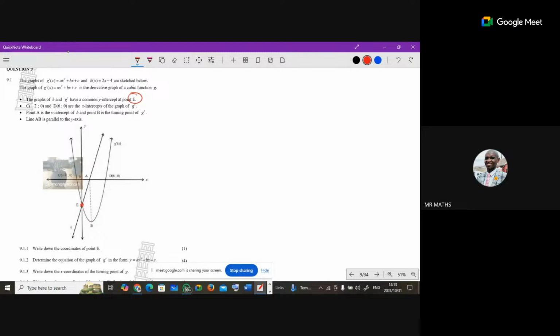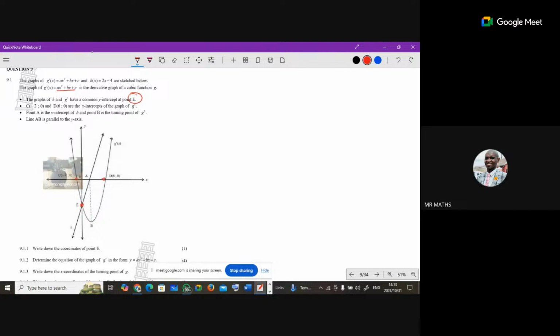It's fine. The graph here is a parabola, as you can see, not a cubic, a quadratic, it is the derivative of the cubic. Then C is negative 2 and 0, and D is 6 and 0, which are the x-intercepts of g prime, the derivative.